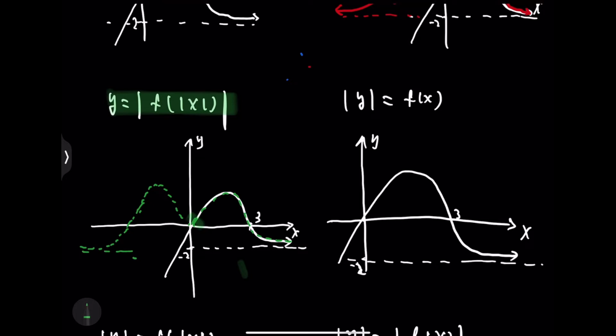Okay, that's -2. So keep it and reflect; that's the inside one, without the absolute value outside. Then we have the absolute value outside, meaning all the negative goes to the positive. So I'm going to flip all the negative values of y to positive values of y, and then we will have y equals +2 as your asymptote.